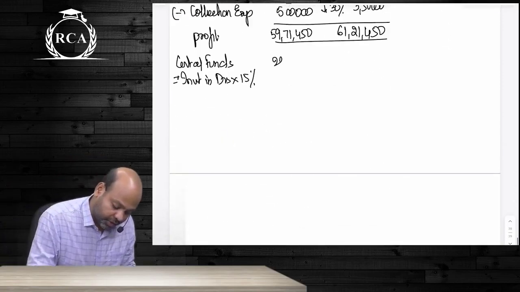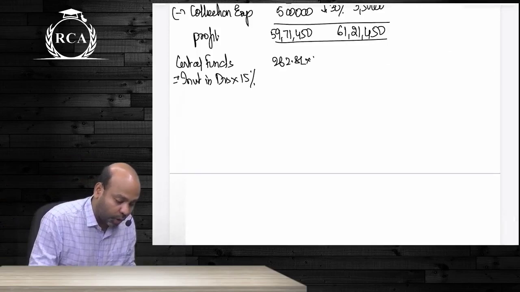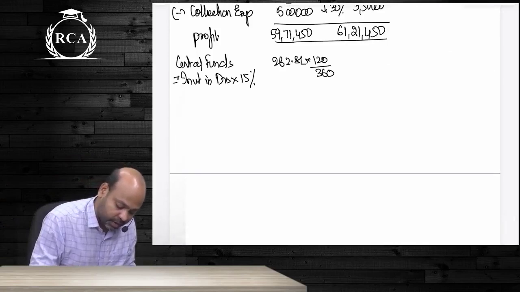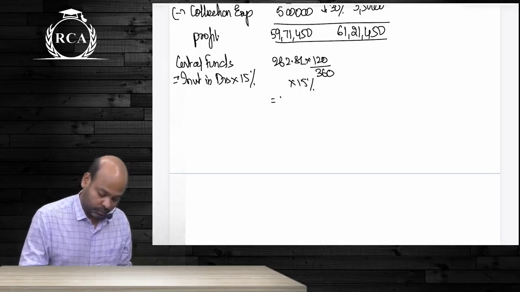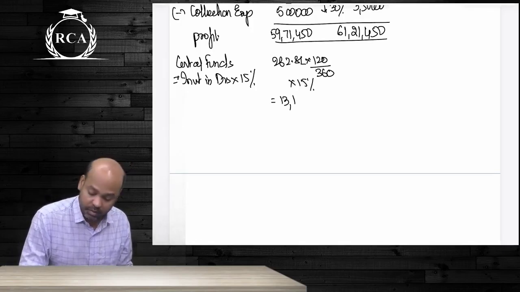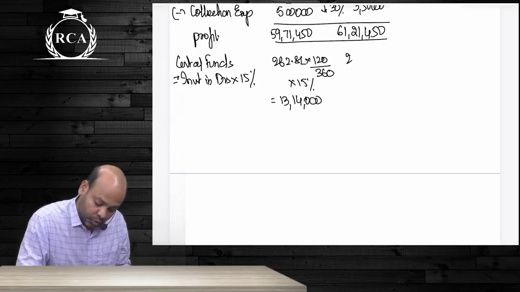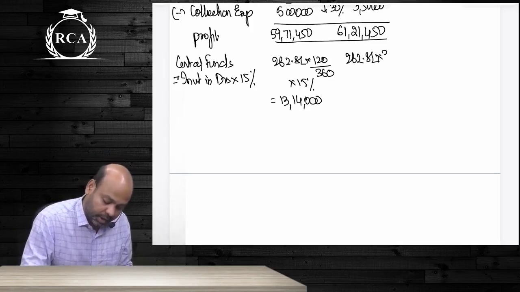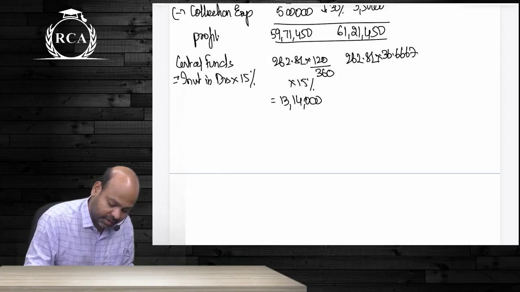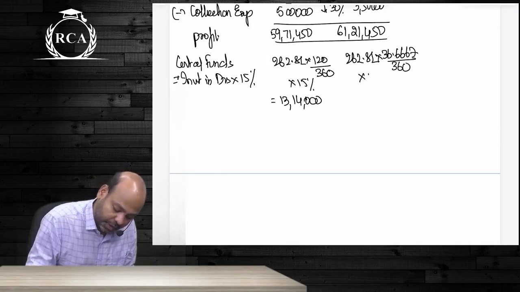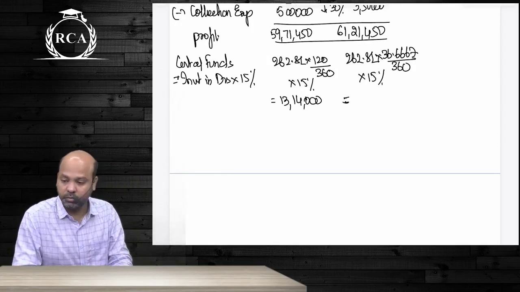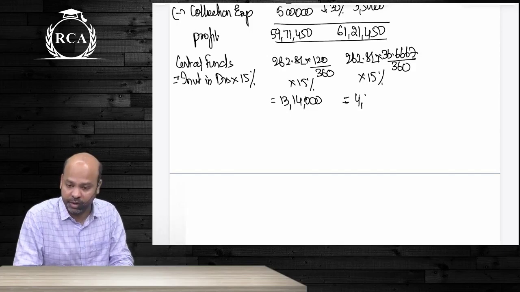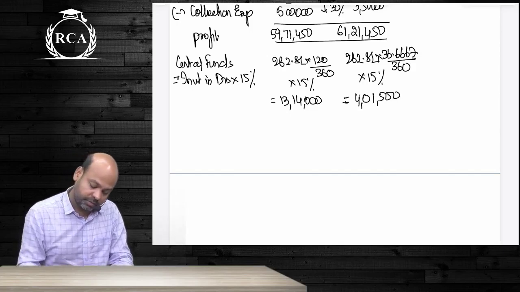So 262.8 lakhs into 120 days divided by 360, 15%. 13 lakhs. 262.8 lakhs of 36.6667 divided by 360 into 15%. So 4.015. 4 lakh 1,000.